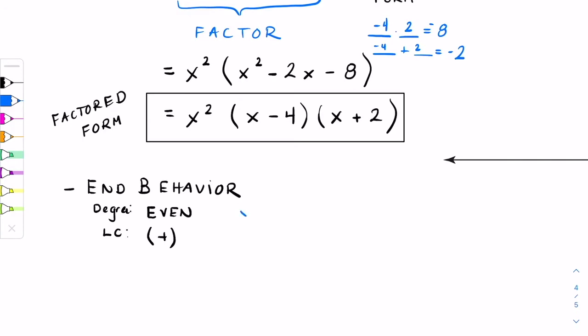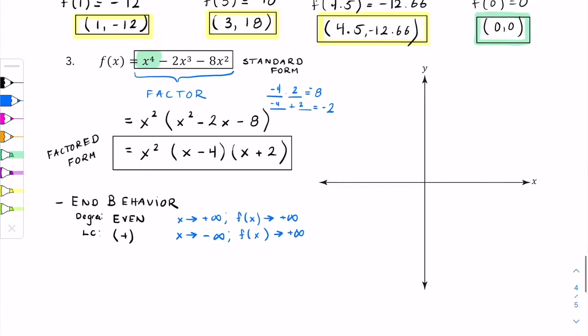This tells us that as x approaches positive infinity, the function approaches positive infinity. And as x approaches negative infinity, the function is approaching positive infinity. That means both ends of your graph face up. And I'm going to sketch 2 arrows just to indicate that these are the final locations of your graph.